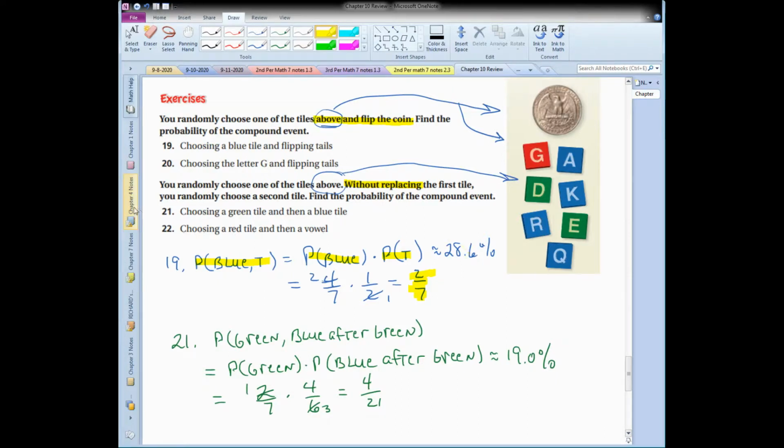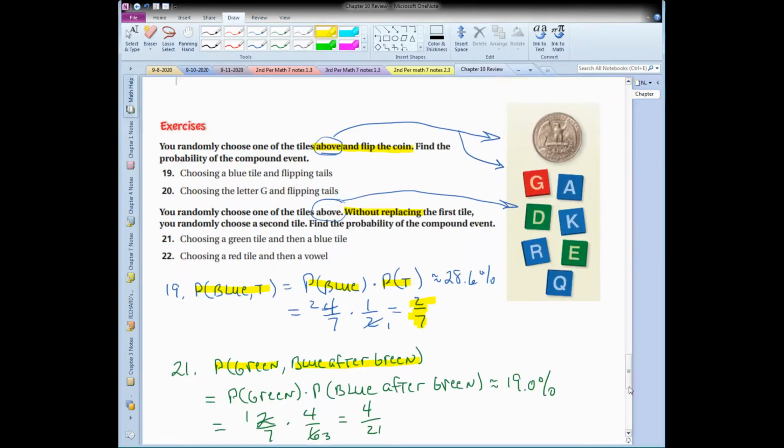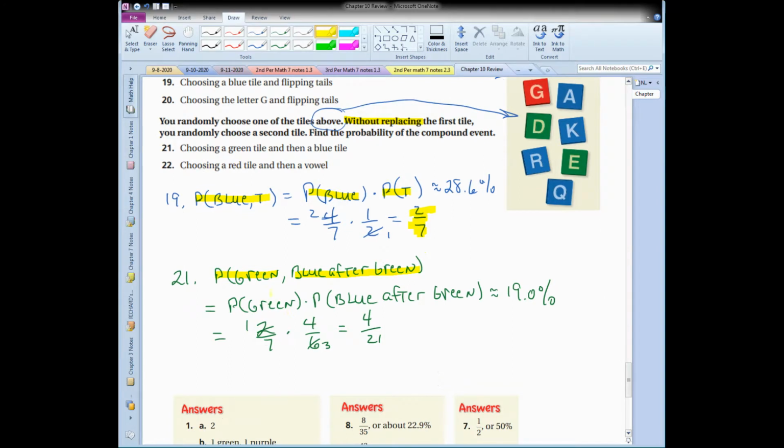All right, so we have to find the probability of this compound event. I worked out 21. The probability that you choose green and then you choose a blue tile. So it's after you've already taken the green one out. So notice the probability of choosing a green, well, there's 2 green out of the 7 tiles, is 2/7.